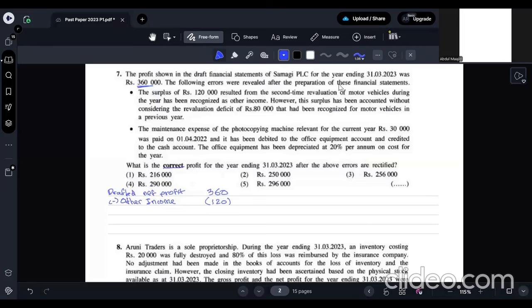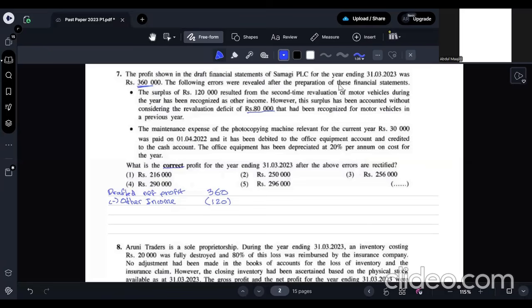However, this surplus has been accounted without considering the revaluation deficit of 80,000 recognized for motor vehicle in the previous year. Last year, there was a deficit of 80,000 when revaluing motor vehicle. This year, there is a surplus of 120,000 when revaluing for the second time. So that last year deficit, we can set it off under other expense, right?